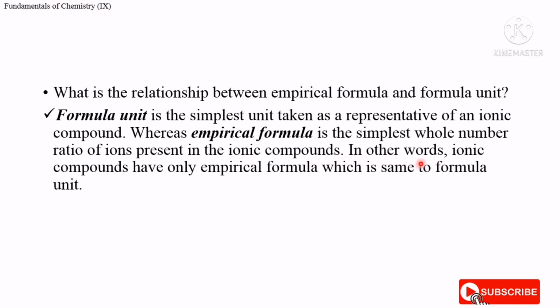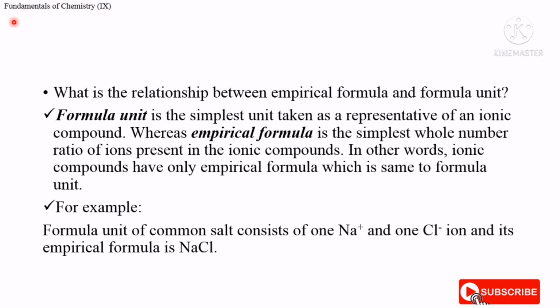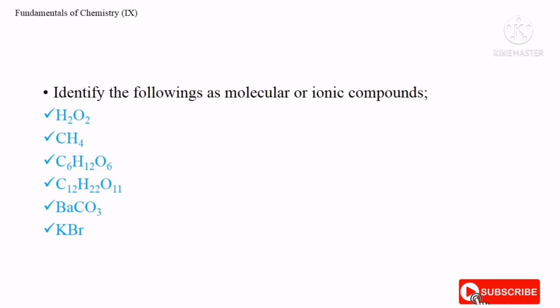In other words, ionic compounds have only an empirical formula, which is the same as the formula unit. For example, the formula unit of common salt consists of 1 sodium ion and 1 chlorine ion, and its empirical formula is NaCl.